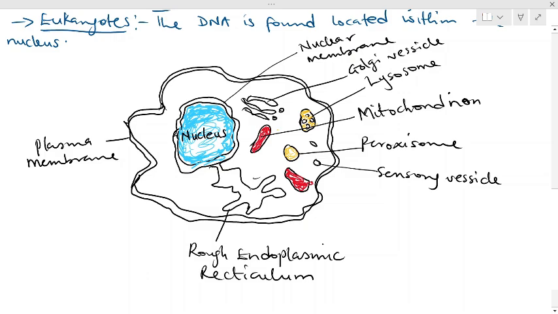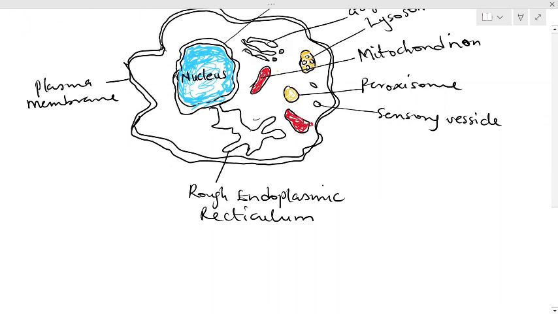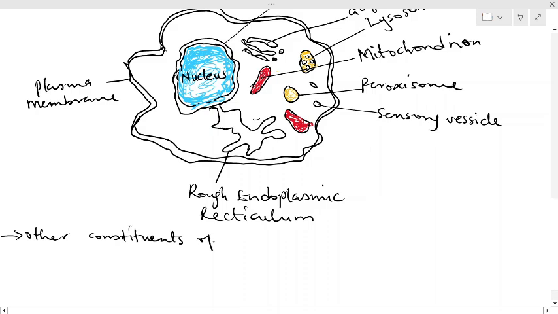Other constituents of the nucleus. Note, it's not just DNA; the nucleus contains other things. Worthy of note is that other constituents of the nucleus include the following.